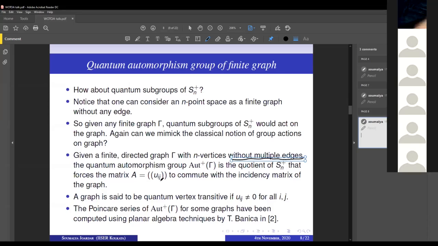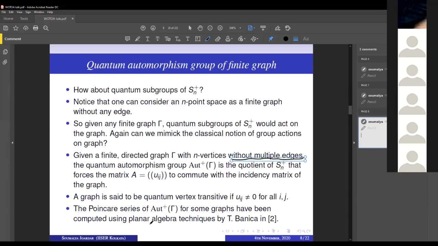That will give the quotient of Sn plus. So this is the quantum automorphism group of a finite graph. Classically, the graph is vertex transitive if chi_ij is non-zero, if there is a permutation which takes i to j. So from that analogy, we say that a graph is quantum vertex transitive if U_ij is non-zero for all i, j.